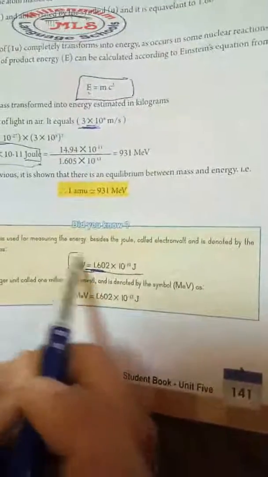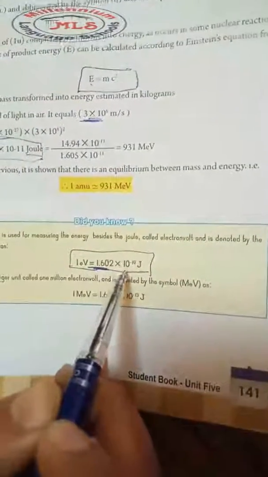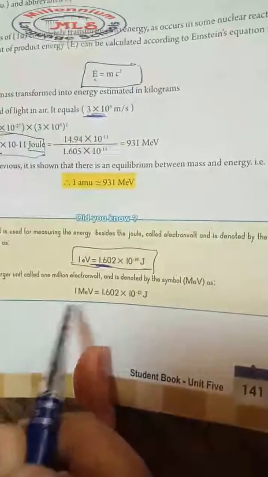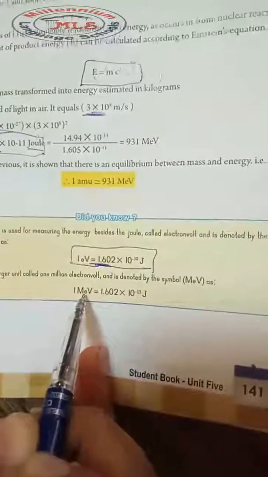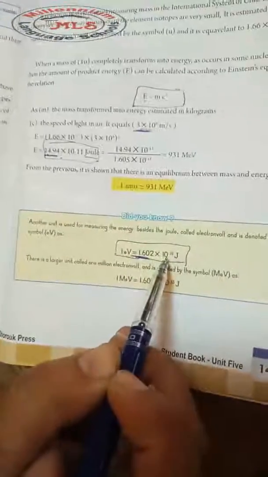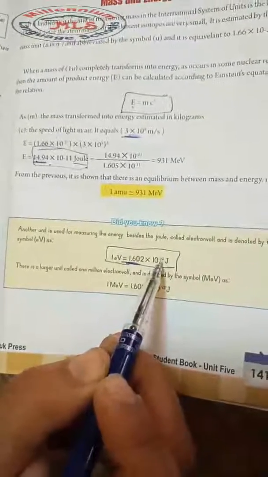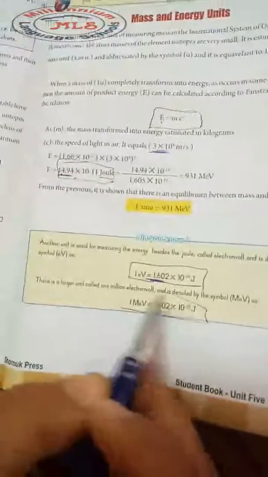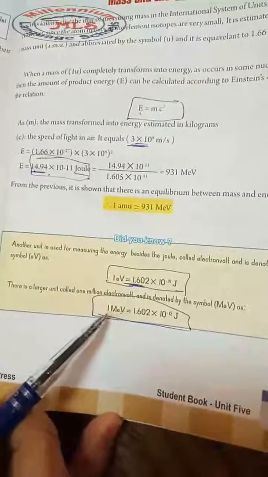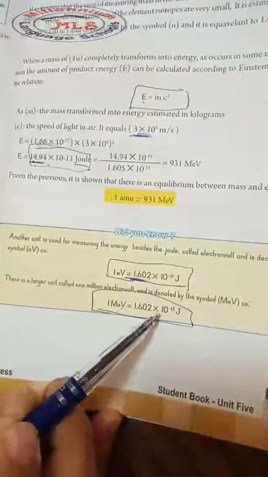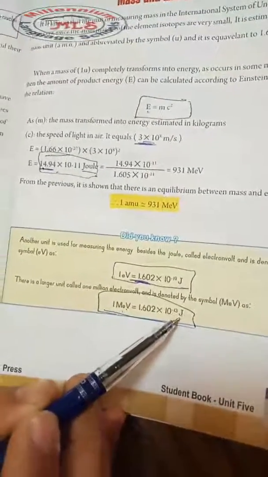So a mega electron volt, or million electron volt, means multiplying this number by 10 power 6, so the power of minus 19 becomes minus 13. This is 1 MeV, which equals 1.6 times 10 to the power of minus 13 joules.